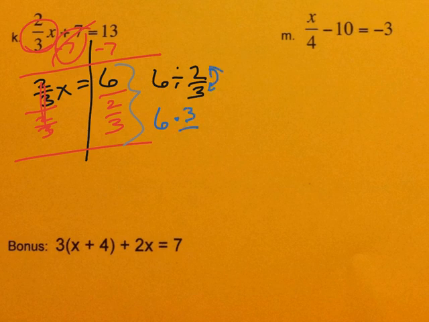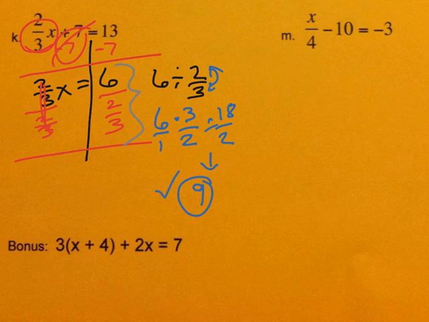So that would be 6 times 3/2. And remember, 6 is really 6 over 1, so that is going to leave me with 18/2, and 18/2 is 9. So that is my final answer. And 2/3 times 9 is 6, and 6 plus 7 is 13, so it works out.